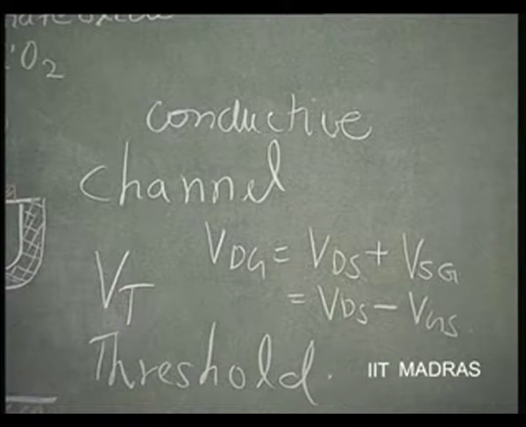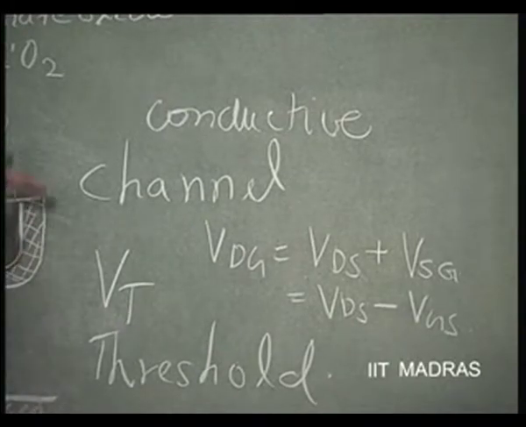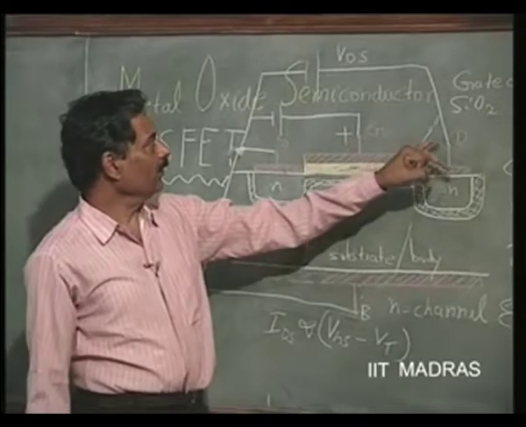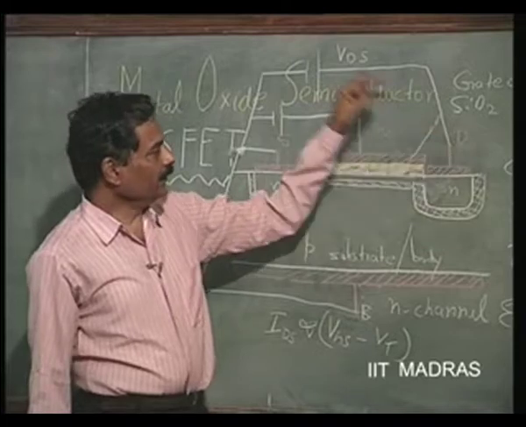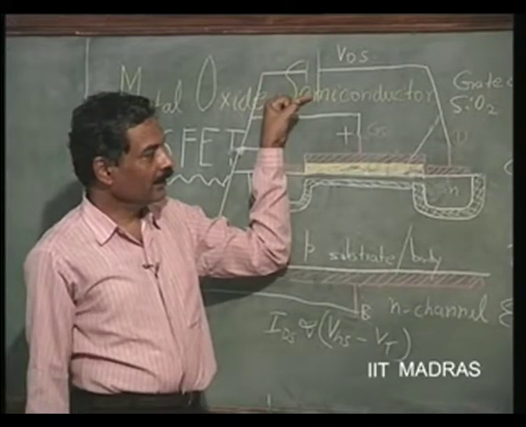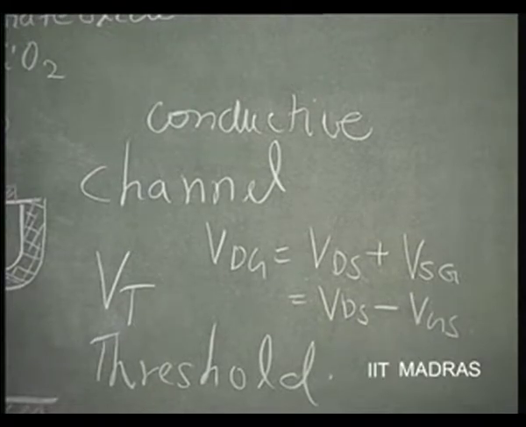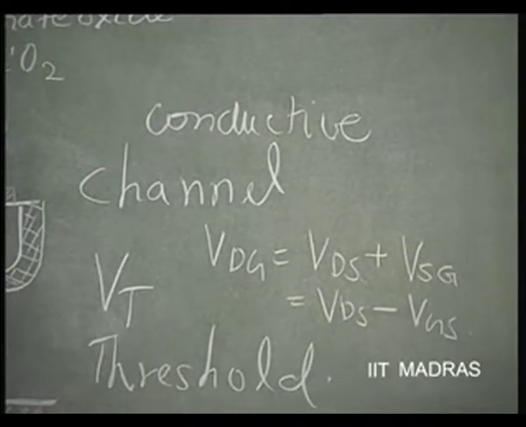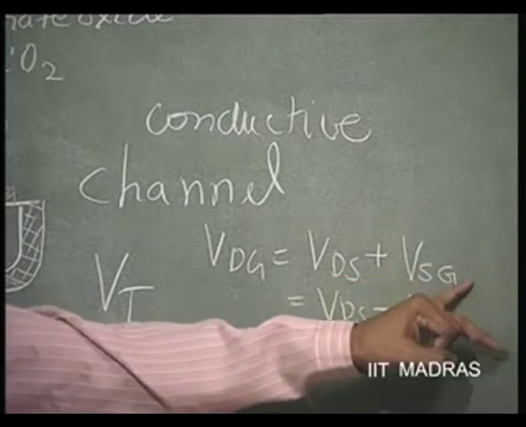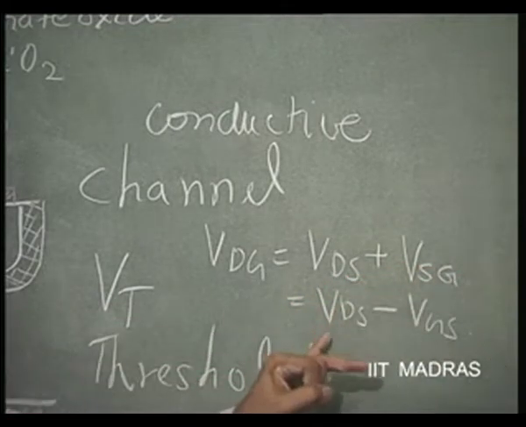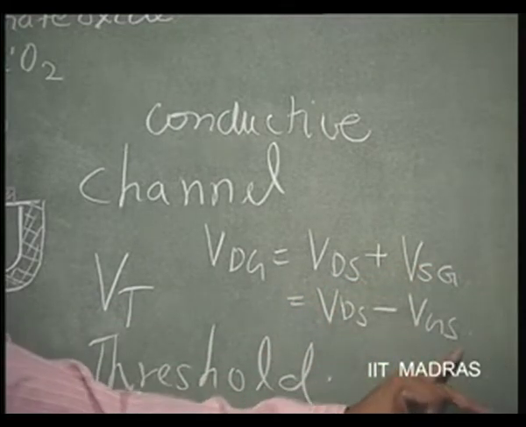Is this clear? VDG is equal to VDS minus VGS.